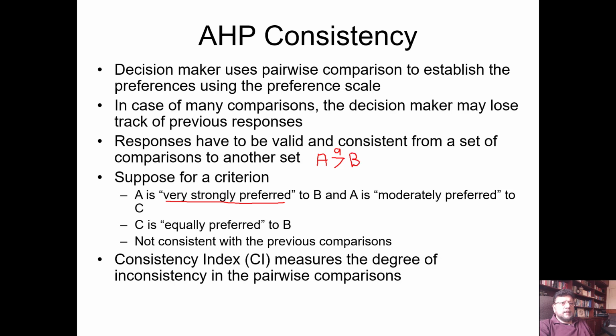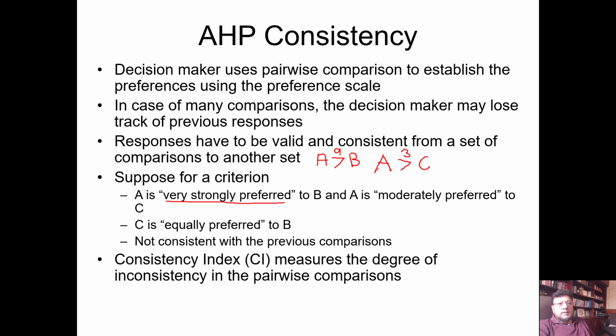Now if you look at the next statement, it says A is moderately preferred to C. So we have A is preferred to C, but it's moderate. We could assume that 3 would be the preference. And now we are looking at the third preference, which is C.